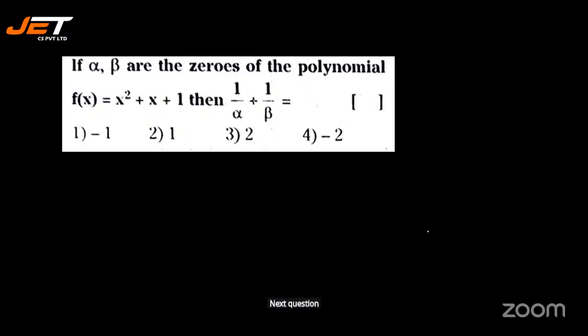If alpha comma beta are the zeros of the polynomial x square plus x plus 1, then what is 1 by alpha plus 1 by beta? Quickly think over and then give me your answer, students.